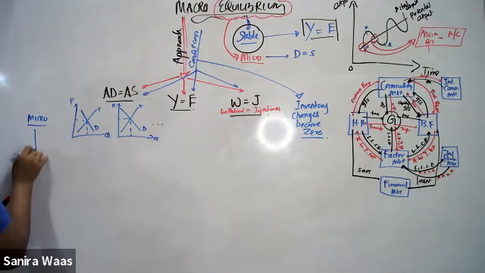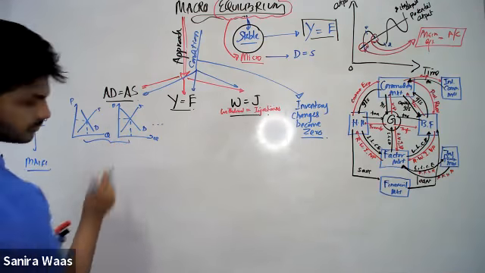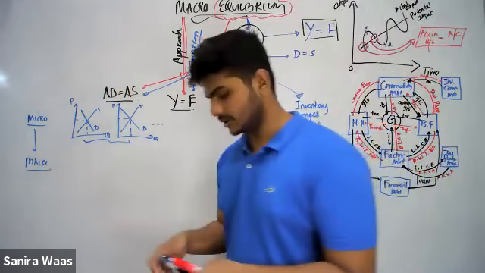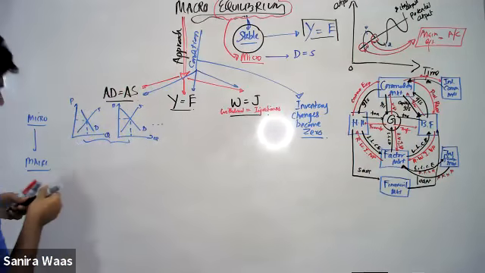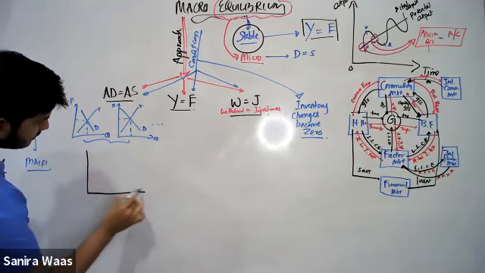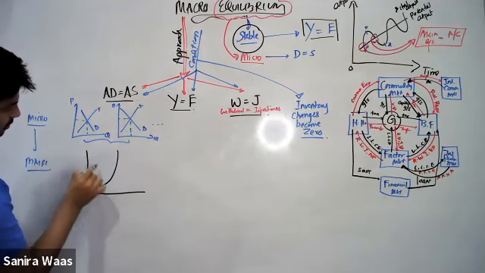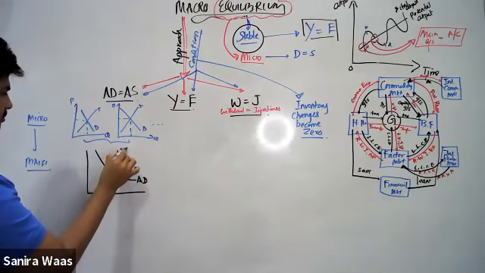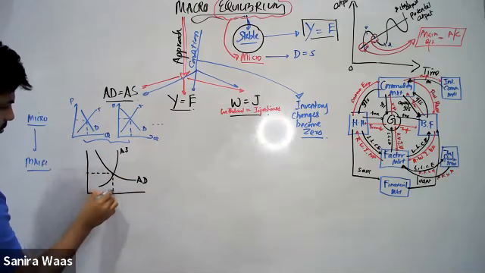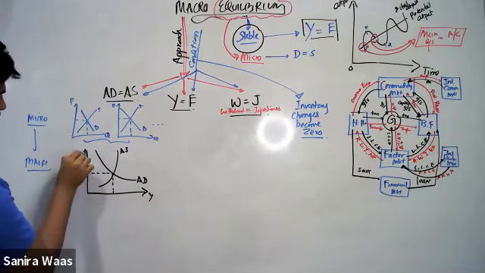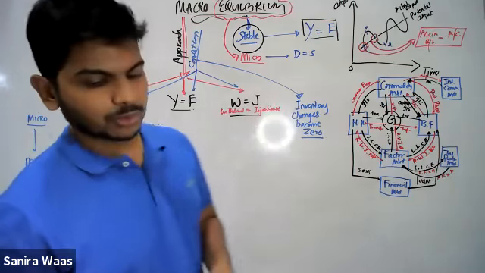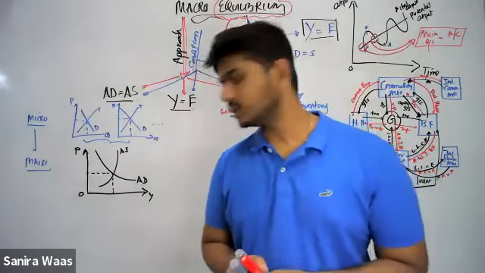When you compare it to macro, the macroeconomic equilibrium comes. So this is how you draw your aggregate demand equals aggregate supply condition.